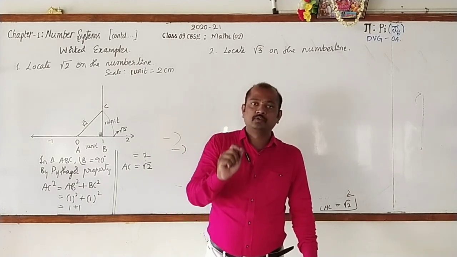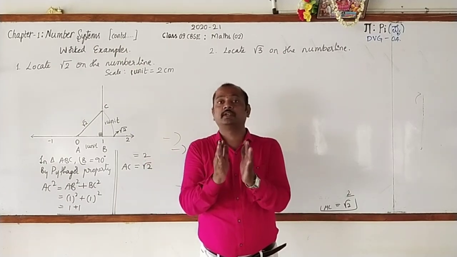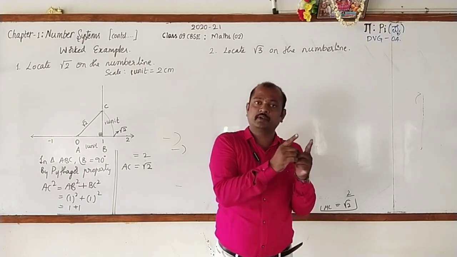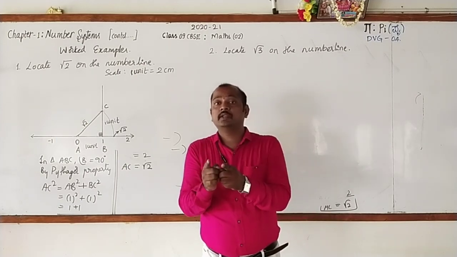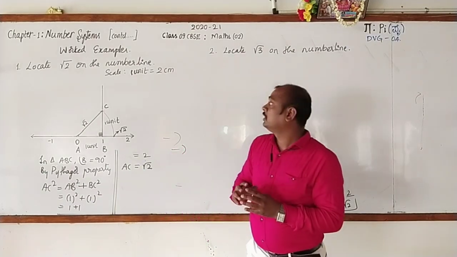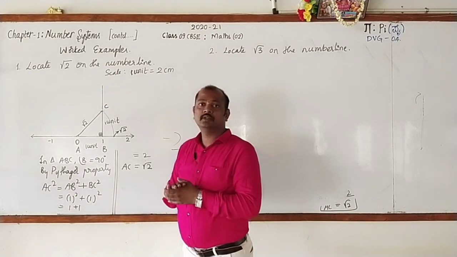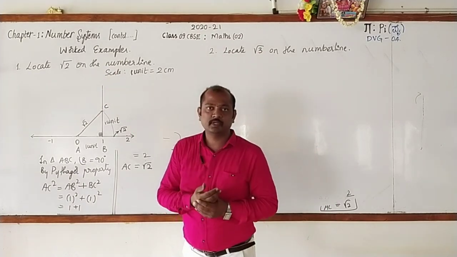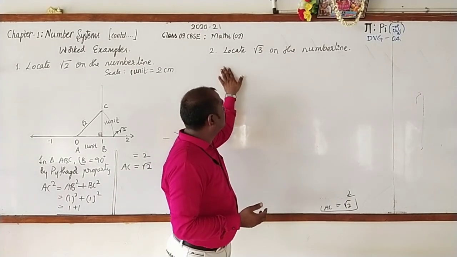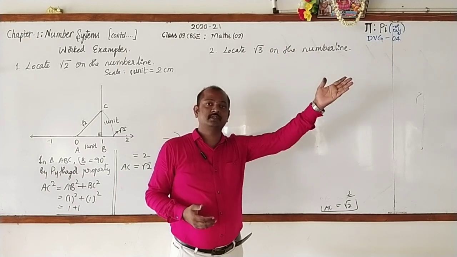And in today's class, we learned some of the important information related to rational numbers, irrational numbers, real numbers, and in addition with that, just about number line. And another important one is locating root 2 on the number line using the geometrical instruments. In the next class, we are going to locate the numbers like root 3, root 5, root 6 on the number line.